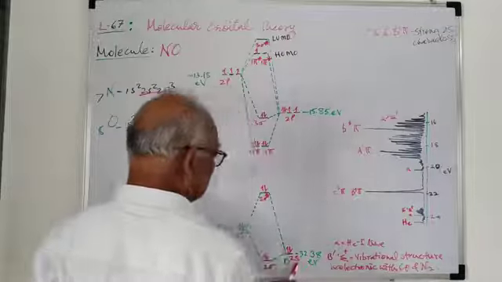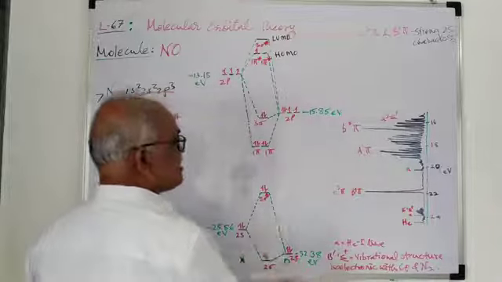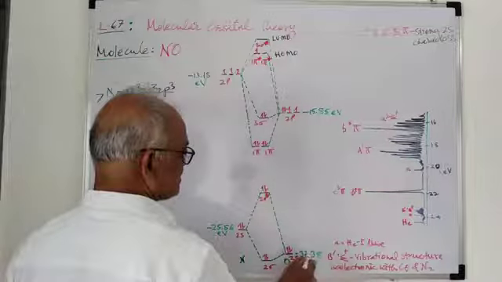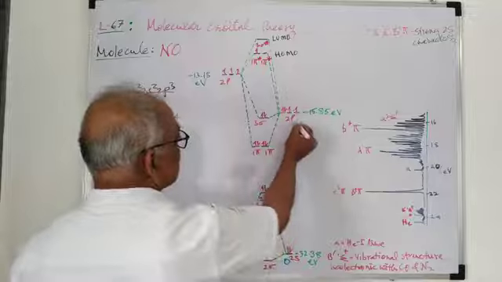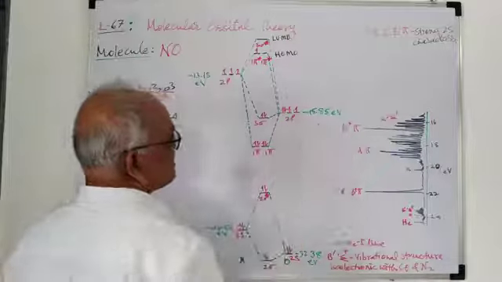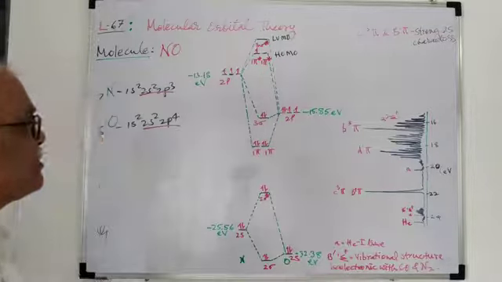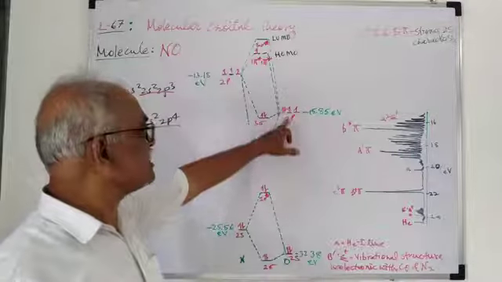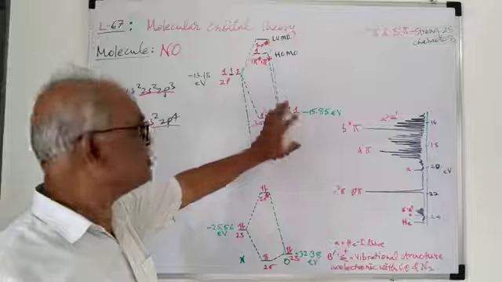Similarly, here it is 2s and 2p of oxygen. 2s has energy minus 32.38 and 2p has minus 15.85 electron volts. This 2s contains 2 electrons and this 2p contains 4 electrons.